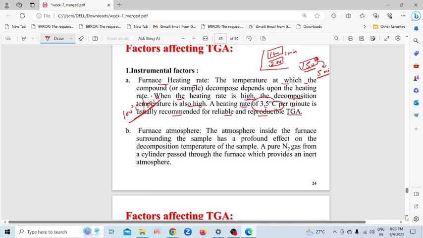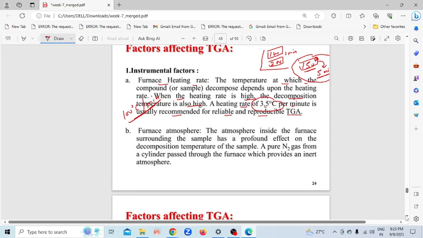to complete decomposition. But what will happen, in 1 minute you will rise, means 200, 300, 400, 500, the temperature will increase very high. So the decomposition which can complete at 150 only, you will find weight loss at higher temperature.